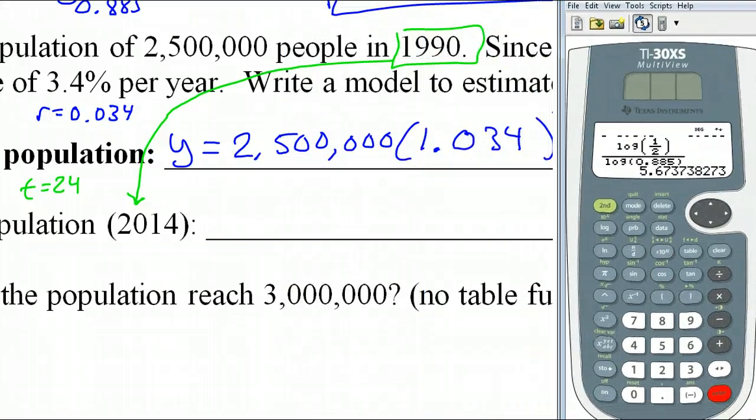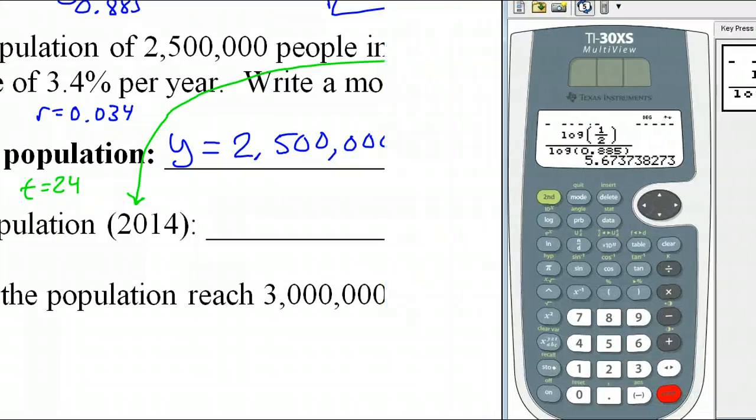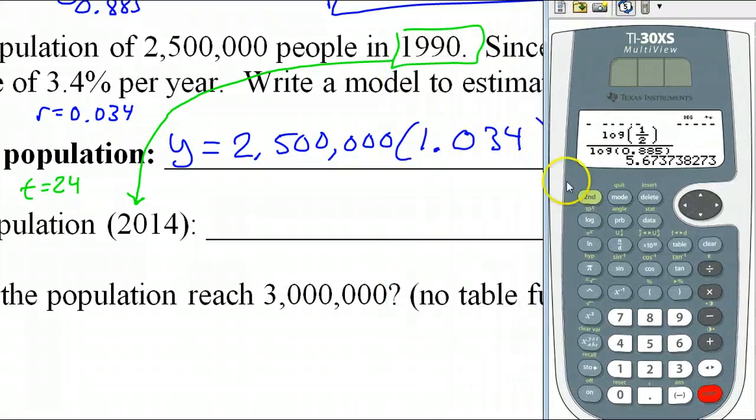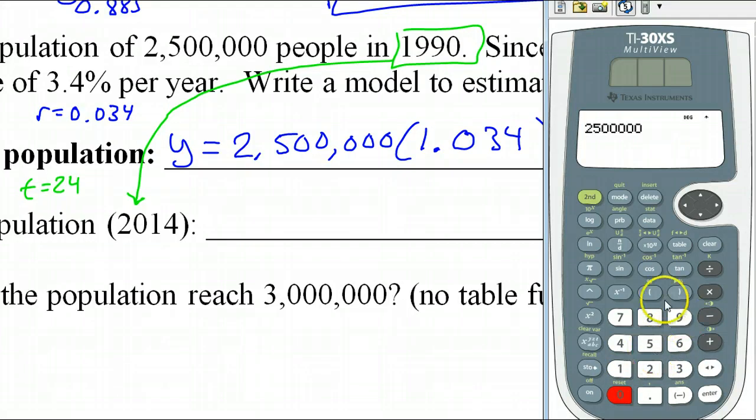I move this off to the side sufficiently? Okay, that'll work. So here I go. I've got 2,500,000 times 1.034 to the 24th power. Okay, so this will be my population.